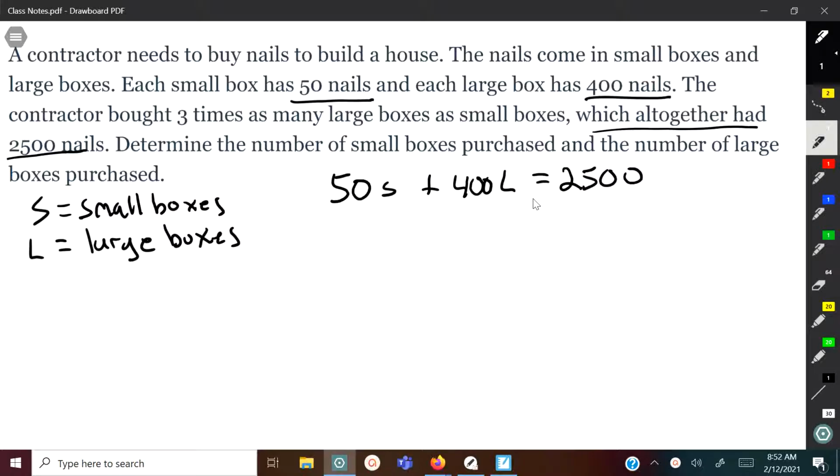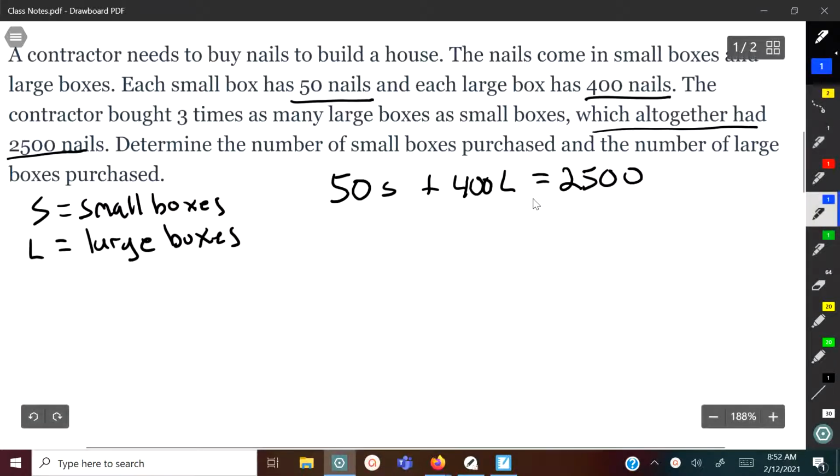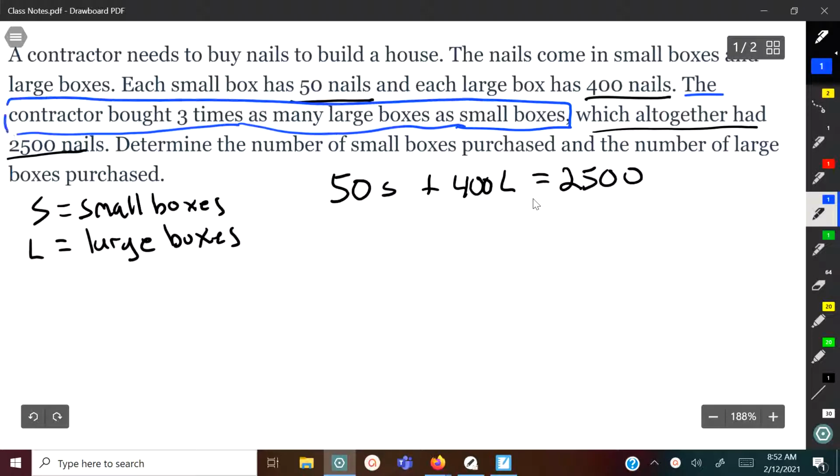In this next sentence, it says the contractor bought 3 times as many large boxes as small boxes. So you can set the small boxes equal to the large boxes.